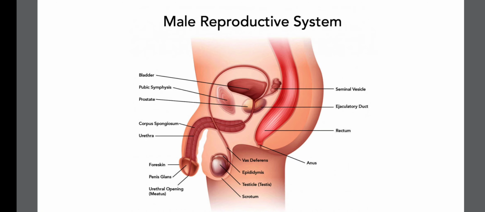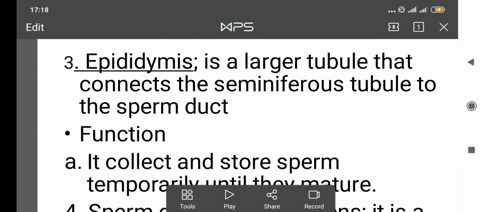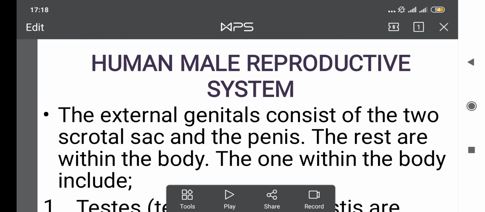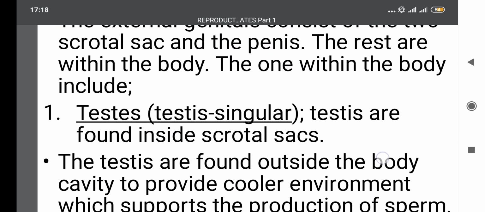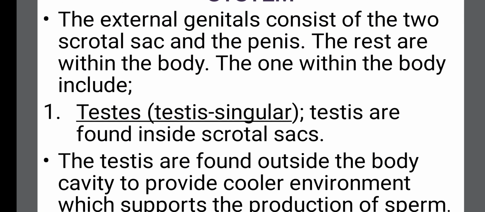You can't see most of these labeled parts outside. So those ones are internal genitals. But the ones that you can see outside, like the penis and this scrotal sac, are the external genitals. The rest are within the body.